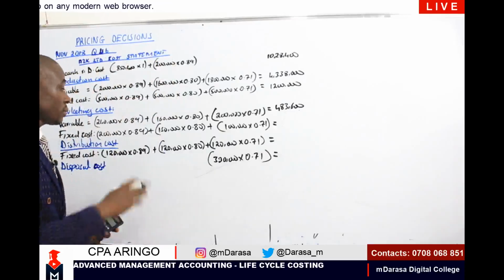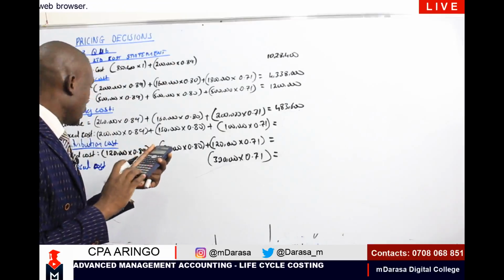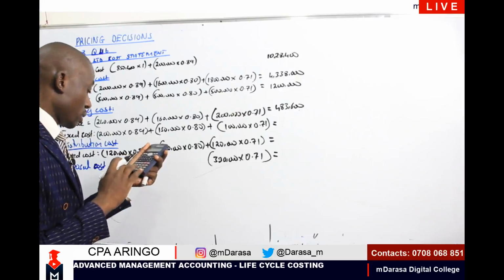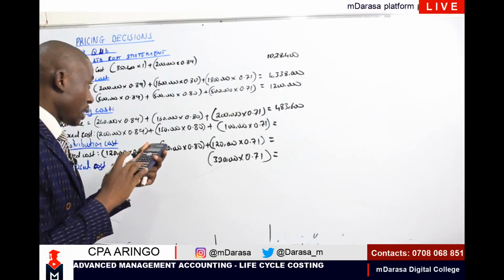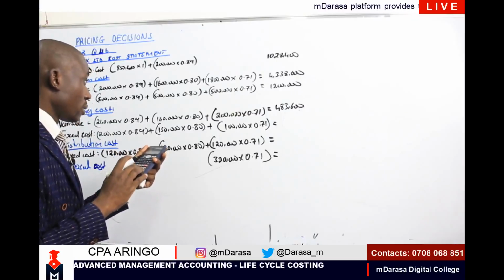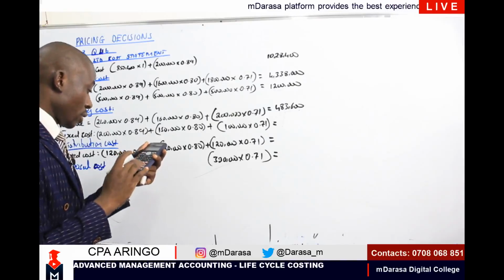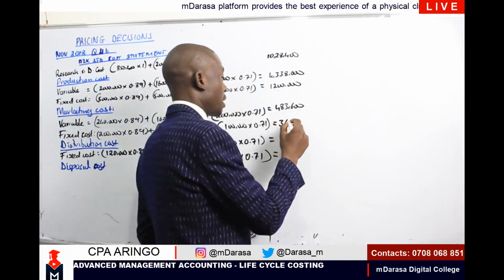Correct? What about the other one? You should be talking of 200,000 times 0.89, we add 150,000 by 0.80, we add 100,000 by 0.71. In that case, I'm having a figure of 369,000.